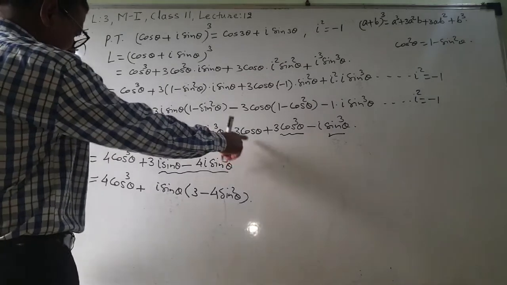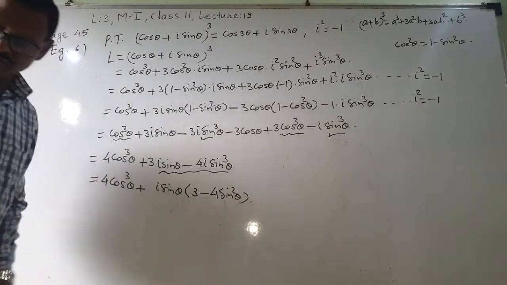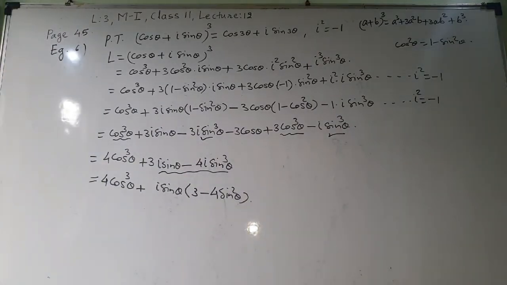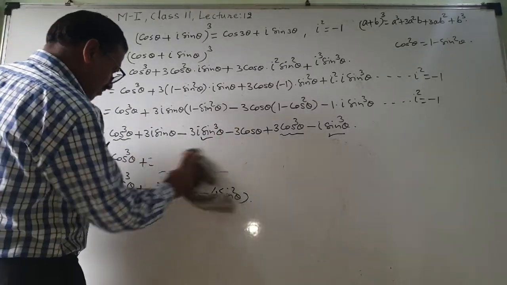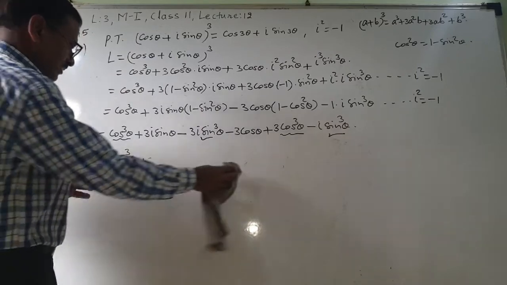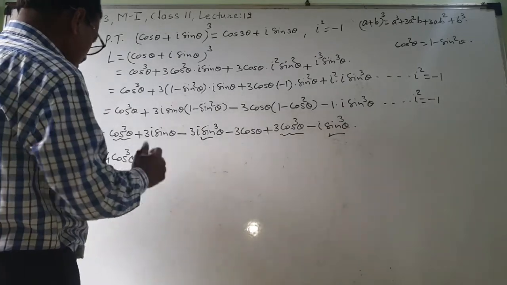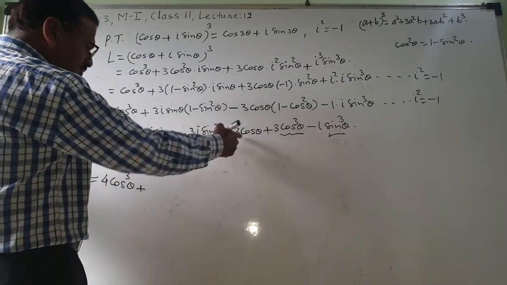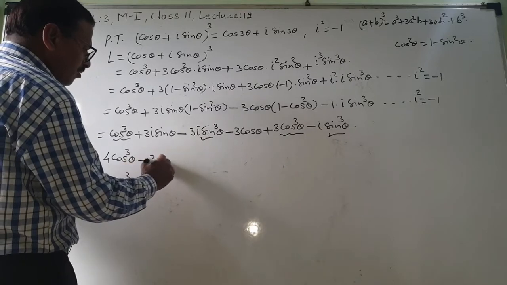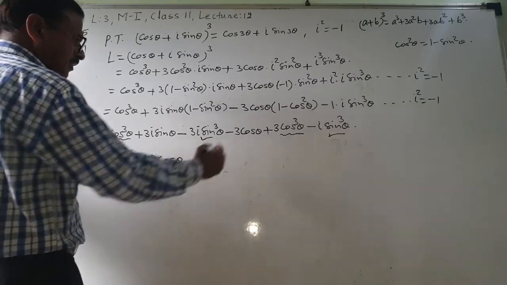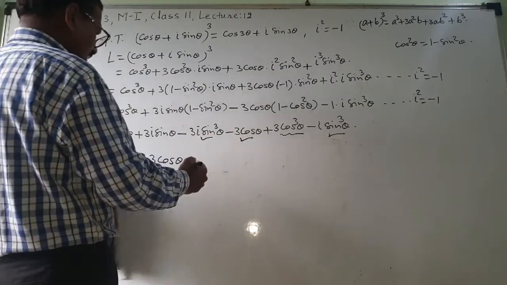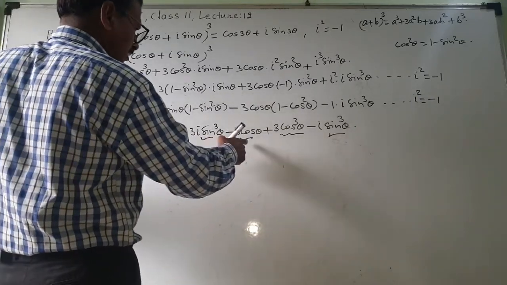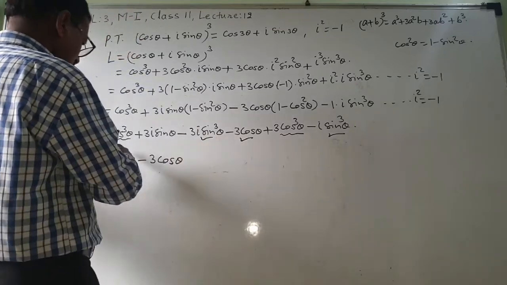This term we have not taken. First of all, I will take that term. This term remains to be taken. First of all, I will take this and then I will write this. This we have done, so minus 3 cos theta. This is also taken.